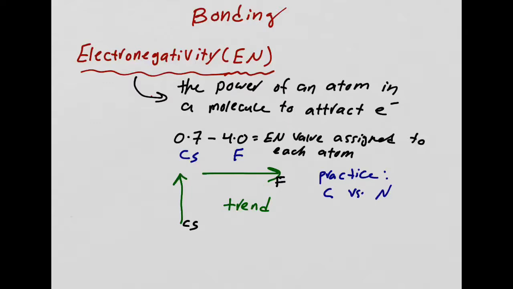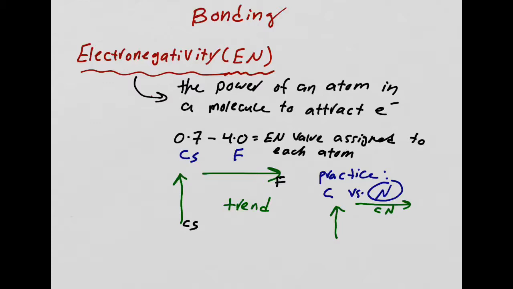Nitrogen is after carbon, so this way it increases. Nitrogen would have a higher EN value. I didn't give you any values, but you can figure it out based on the trend. So far, so good.